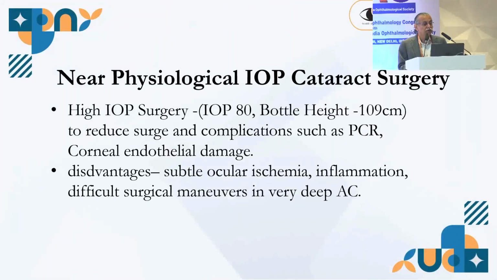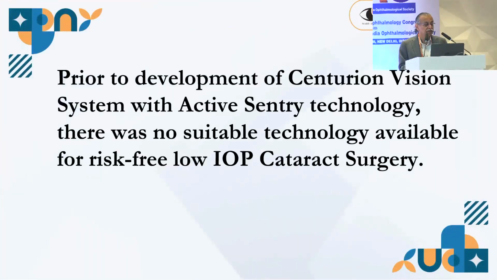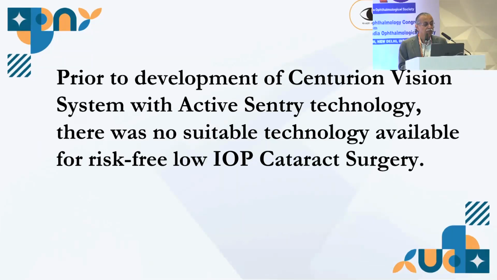Now we have been doing cataract surgery with a high bottle height, to reduce surge and complications like PCR and corneal endothelial damage. But that also has its own flip side, that is subtle ocular ischemia, inflammation, difficult surgical maneuvers during deep AC, etc. Prior to development of Centurion vision system with active Sentry technology, there was no suitable technology available for risk-free low IOP cataract surgery.